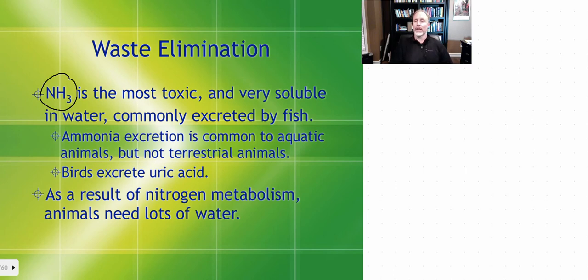And birds don't want to carry around all the excess water, so what they're going to do, which requires less water, is make uric acid. Bird poop, for instance, is real pasty and chalky, and that's because it's a uric acid paste. And so, as a result of breaking down these proteins, amino acids, and the nitrogen metabolism, you have to have access in some capacity to water.